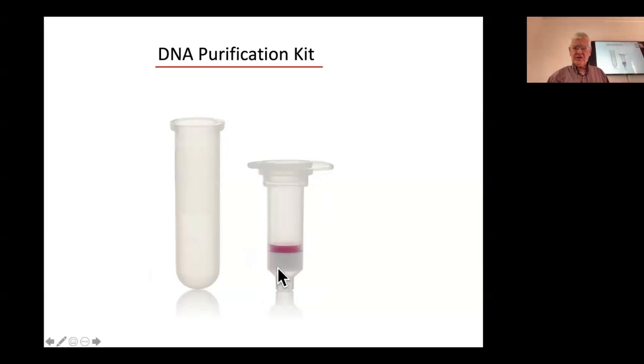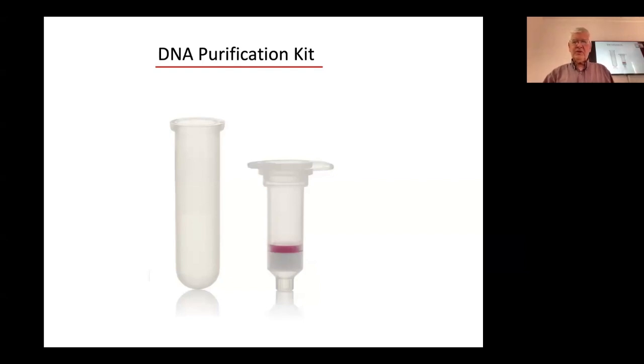The red is just a filter, and this material down here is simply finely ground glass. For whatever reason, DNA, at the right level of acidity and salt, will bind very tightly to a glass surface, and most other things will not.